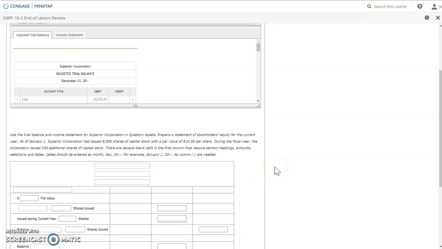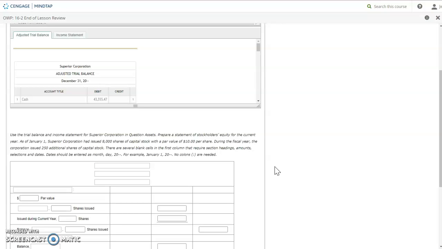On the next step, it says use the trial balance and income statement of Superior Corporation in question assets. Prepare a statement of stockholders' equity for the current year as of January 1st. As of January 1st, Superior Corporation had issued 8,000 shares of capital stock with a par value of $10 per share.